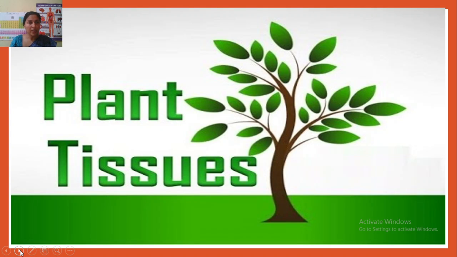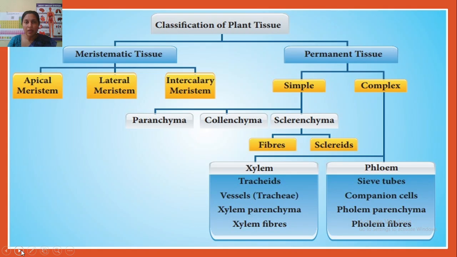Now we see what the plant tissues are. We are going to talk about the types of plant tissues. Plant tissues are basically divided into two types, meristematic tissues and permanent tissues. How are they grouped into these two groups?